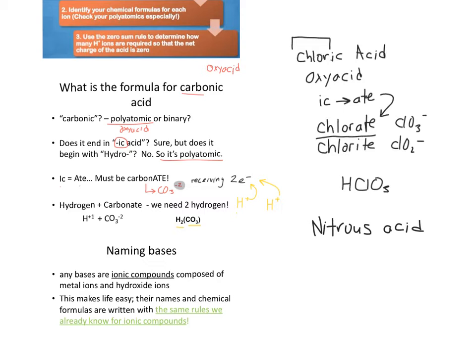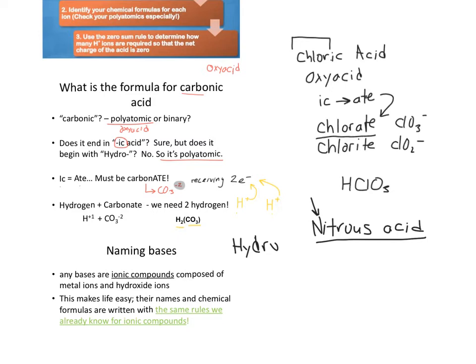Okay, on the screen I have written nitrous acid. Give that a go. Pause the video. First step is figure out if it's binary or oxyacid. Well, I can see that it is an oxyacid because it starts with the name of an element as opposed to hydro. Afterwards, I need to figure out what my polyatomic ion is.